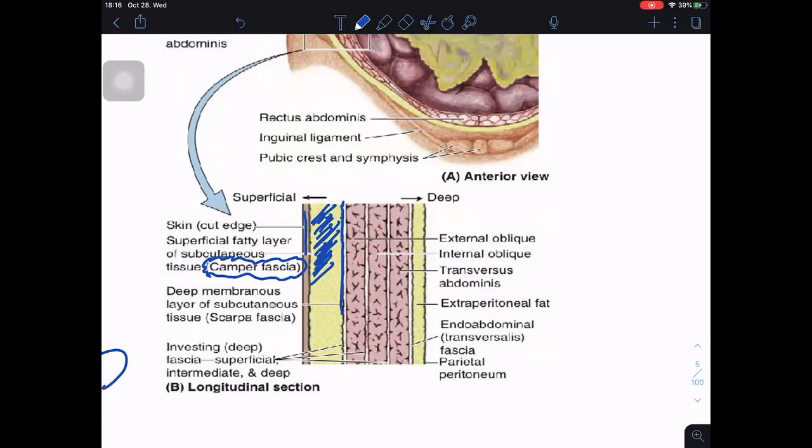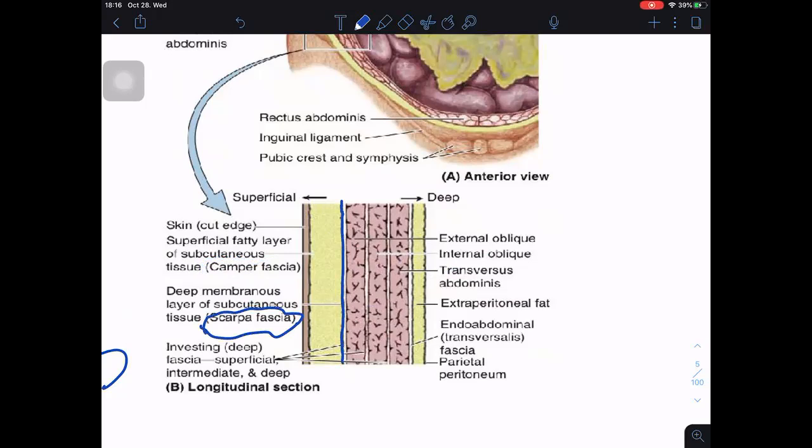There is a layer of elastic and collagen fibers, which are quite dense, and they are here to support and keep the fat properly in place. And that layer is actually called Scarpa fascia.